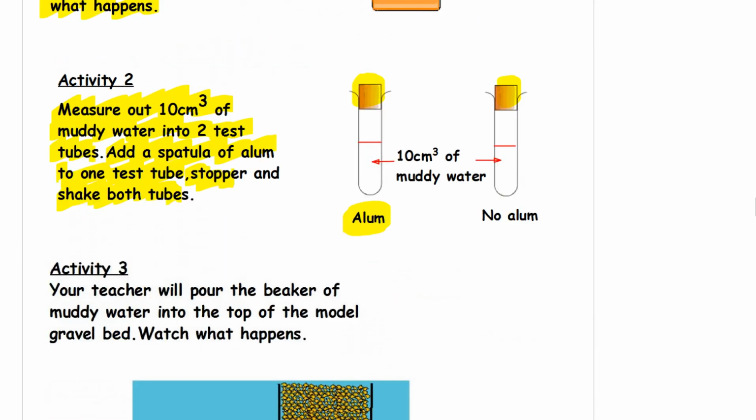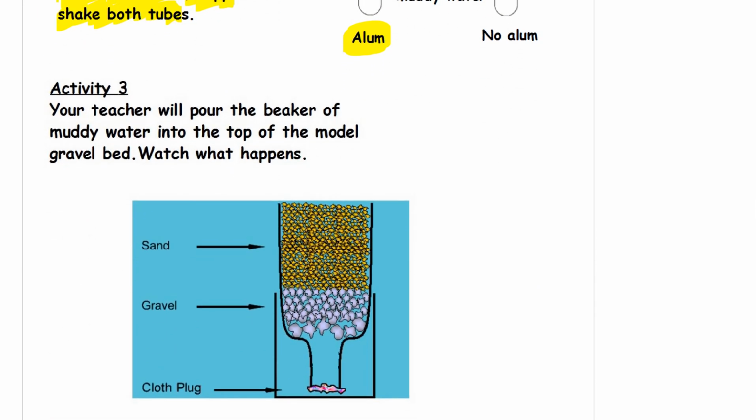And finally, activity 3. The teacher will pour a beaker of muddy water into the top of the model gravel bed. Watch what happens.